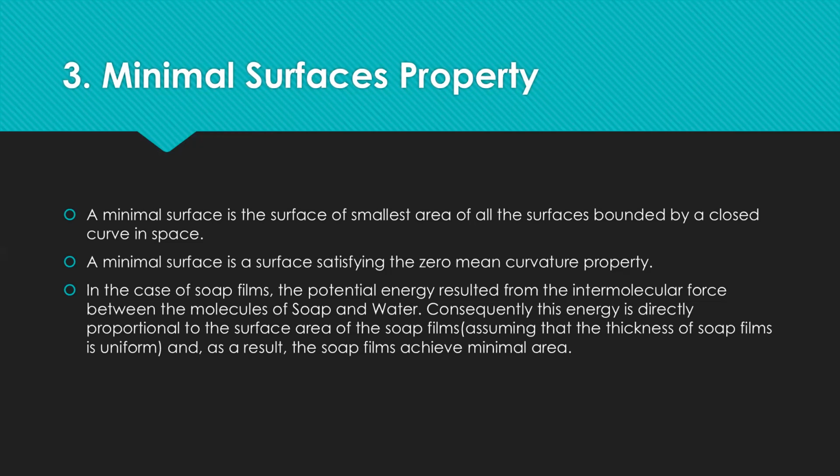In the case of soap films, the potential energy results from the intermolecular force between the molecules of soap and water. Consequently, this energy is directly proportional to the surface area of the soap film, assuming that the thickness of the soap film is uniform, which we saw in the previous slides is done by the Marangoni effect. As a result, the soap films achieve minimal area.